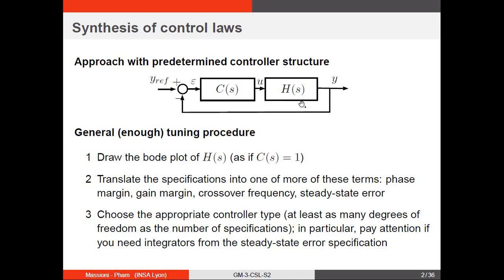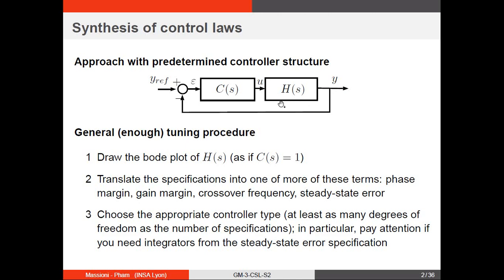You might have a transfer function that represents a nonlinear system. In this case, the system has been linearized before you could derive the transfer function. Anyway, when we are at the control design time, we assume that we have a transfer function representing our system.